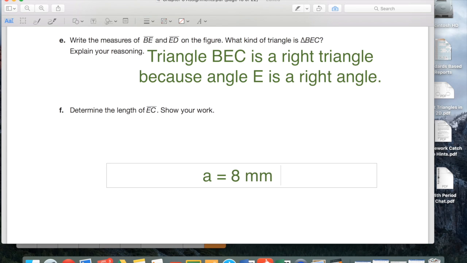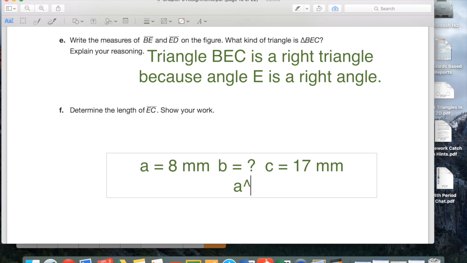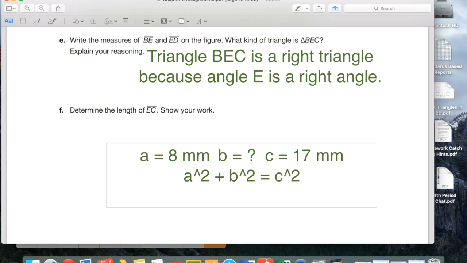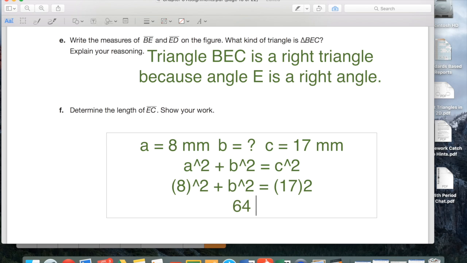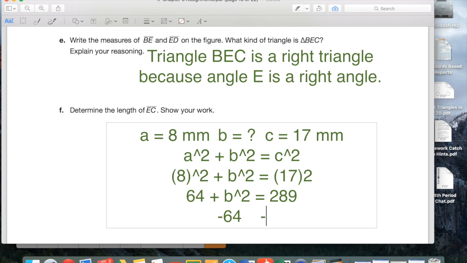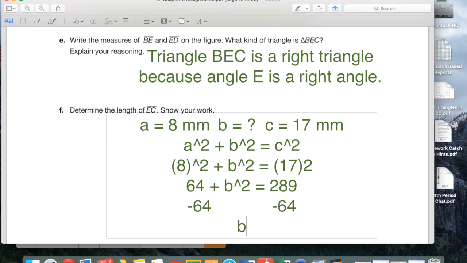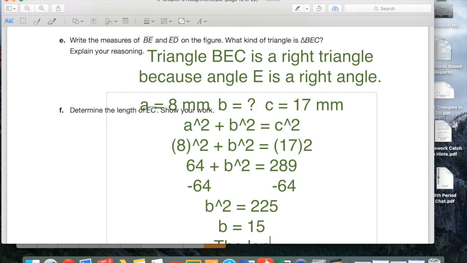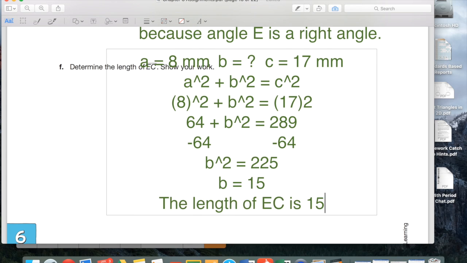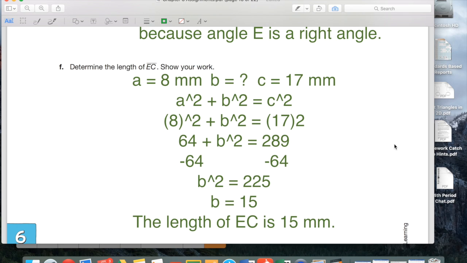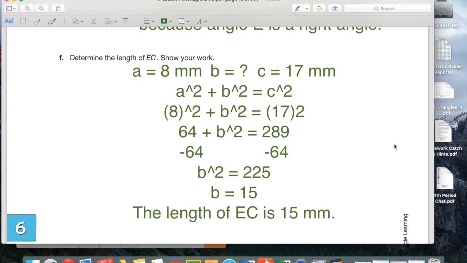This is the side length that we want to know, and 17. So the length of EC is 15 millimeters.